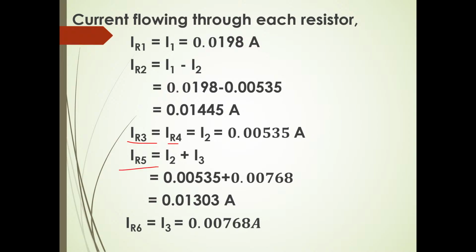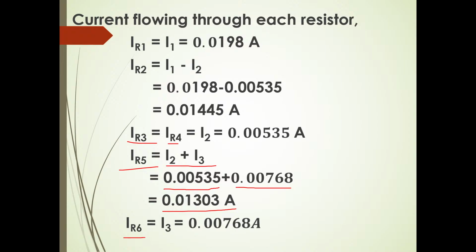Next, current flowing through R5. Current flowing through R5 resistor is I2 plus I3. I2 is how much? 0.00535 and plus what is I3 current? 0.00768. So I3 current is this. So add those two currents, you will get 0.01303 amperes.